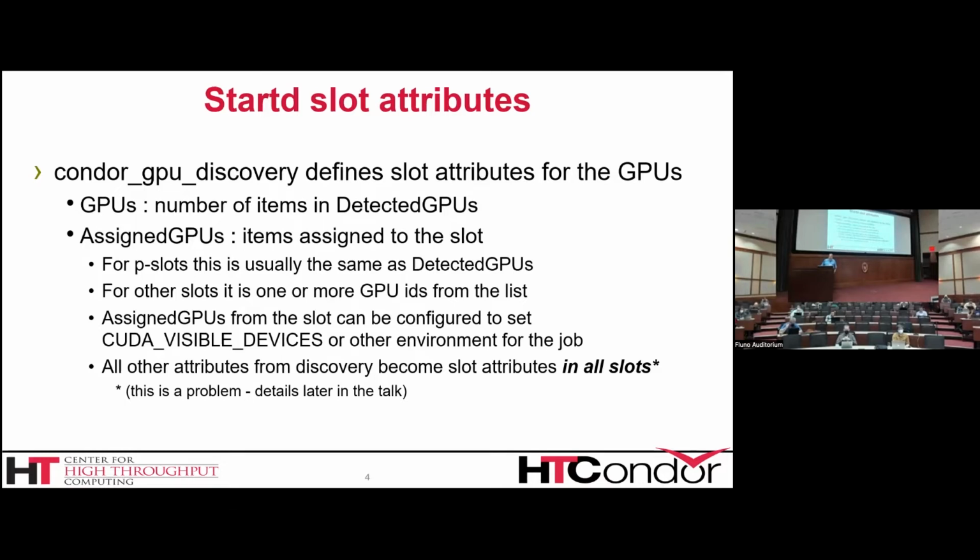For static slots, this is typically 1. For partitionable slots, it's typically all of the GPUs. And for dynamic slots, it'll be one of the GPUs that are part of the static or the partitionable slot. All the other attributes in the discovery output are just published in all of the slot ads. Now this turns out to be a problem for heterogeneous GPUs, and we'll get back to that later.